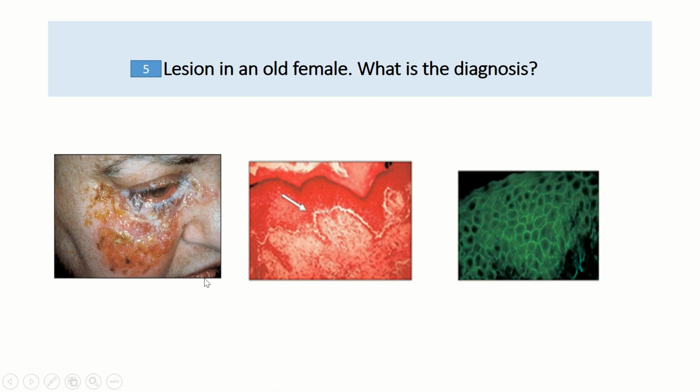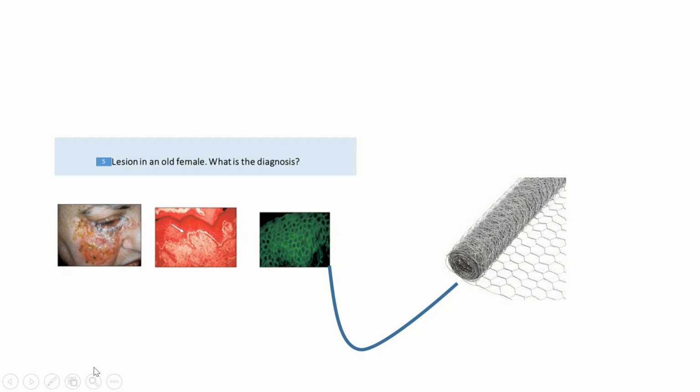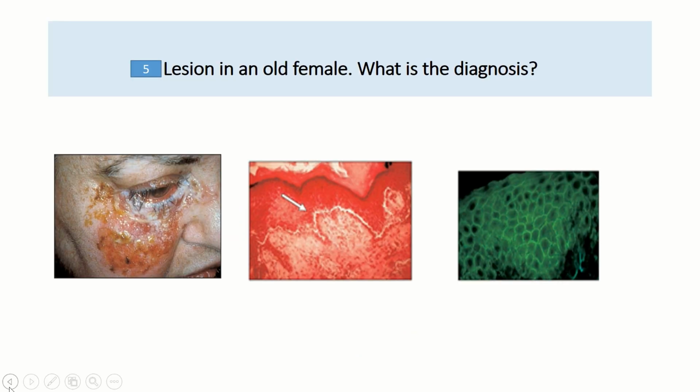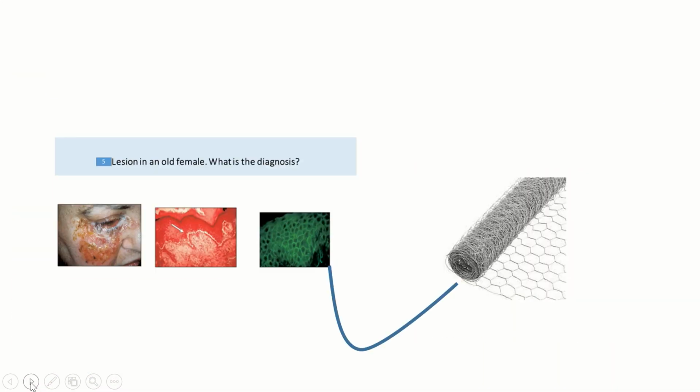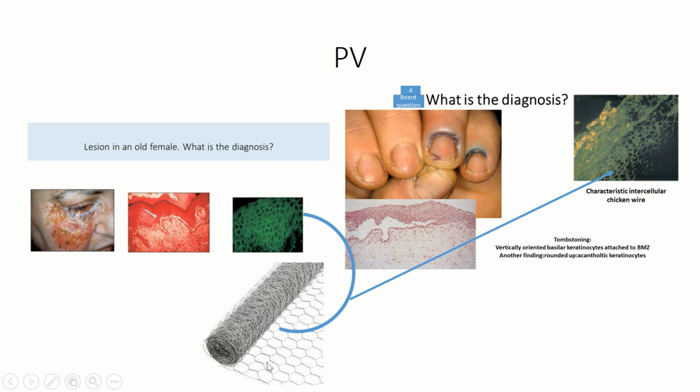This one is also another example of pemphigus vulgaris. Intraepidermally, actually suprabasilar, and here intercellular configuration, as we said, chicken wire. You see here chicken wire as intercellular configuration.